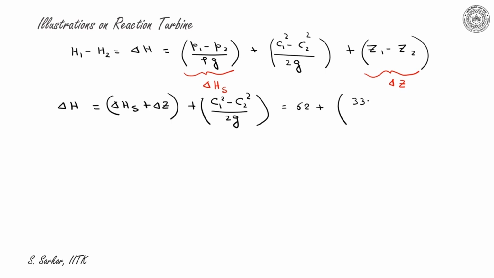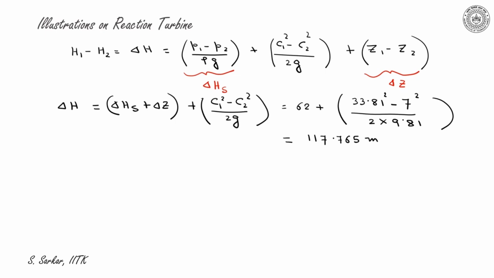Now the work output per unit weight can be given by small w equal to U1 C theta 1 divided by G, since C theta 2 is equal to 0 here.